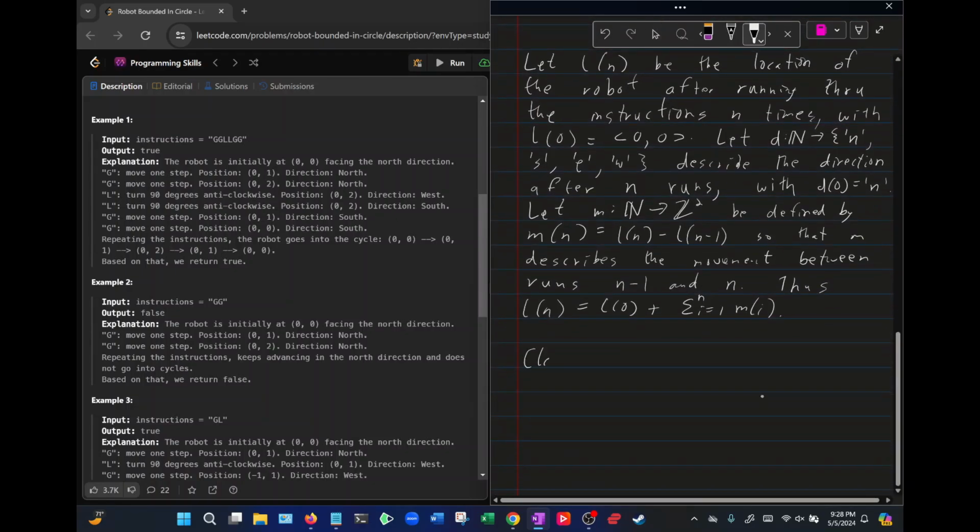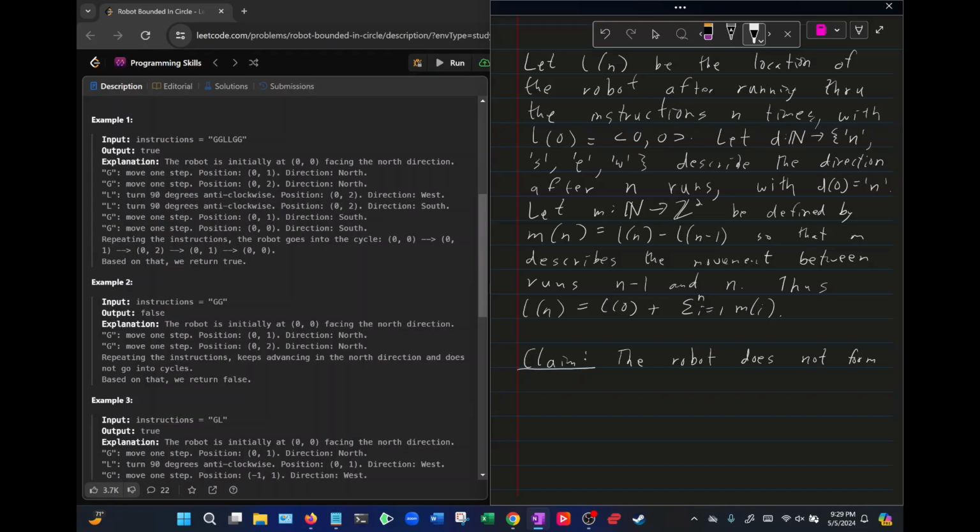Okay, so now let's write our theorem. And I'll just write this as claim. So I claim that the robot does not form a cycle if and only if D1, so in order for the robot to not form a cycle, what needs to happen?